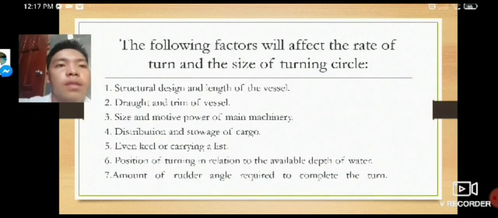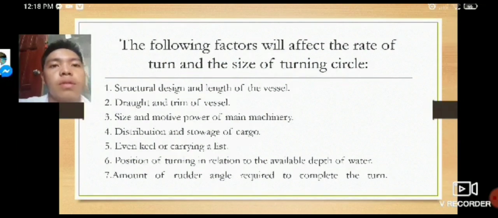The following factors will affect the rate of turn and the size of turning circle. Number 1. Structural design and length of the ship. Number 2. Draught and the trim of the vessel. Number 3. Size and motive power of main machinery. Number 4.